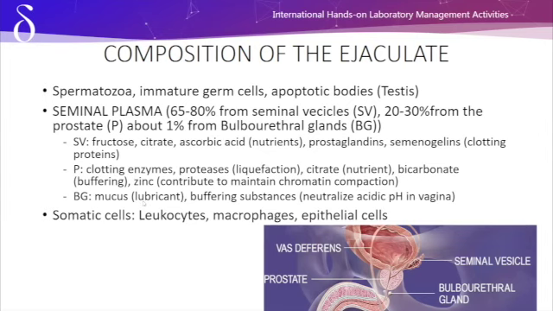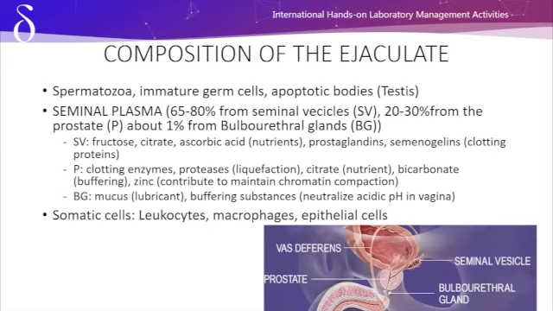In the ejaculate are present also somatic cells like leukocytes, macrophages, epithelial cells, but there may also be present, for instance, erythrocytes. These cells are coming from the ducts, the deferens and the urethra, when, for instance, inflammations are present there.